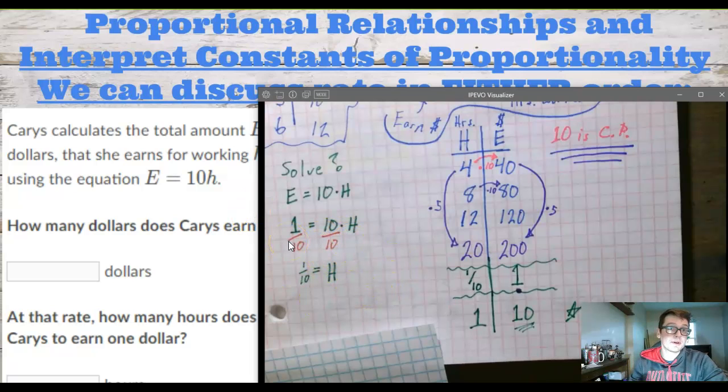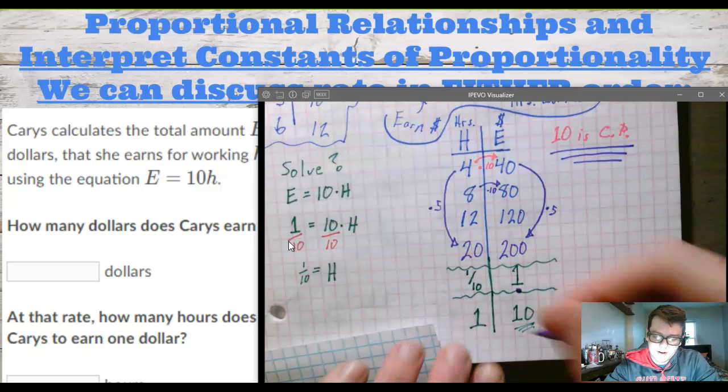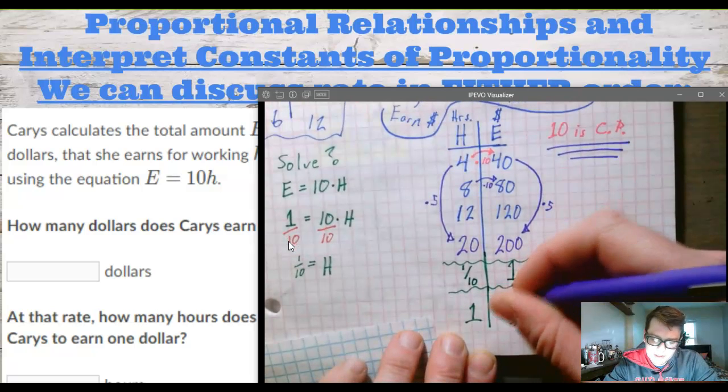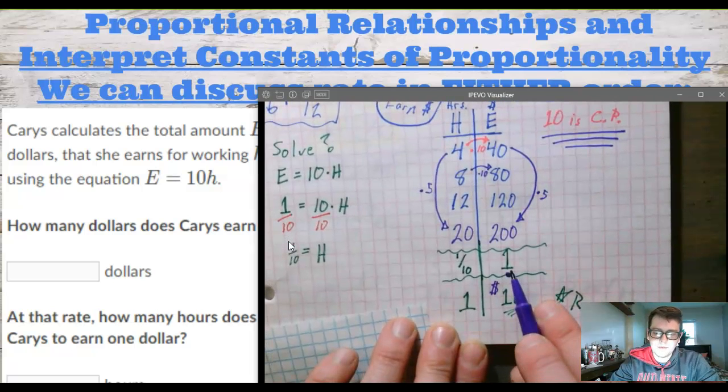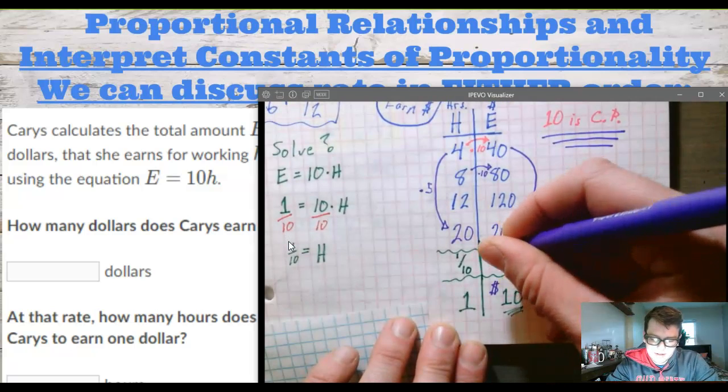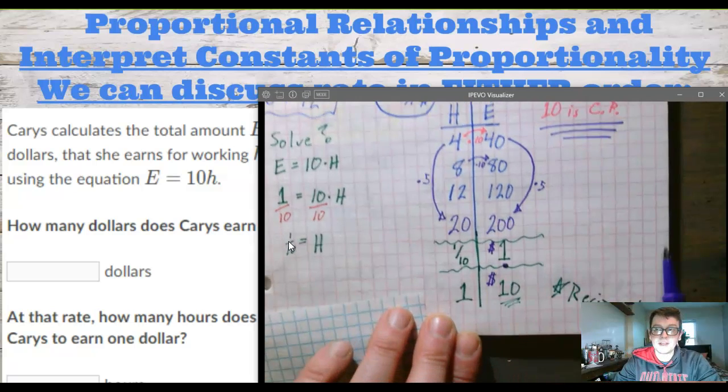The trap door is you think you just need to multiply. We actually have a division that we need to do. So where it's $10 per hour, to make $1, check this out.